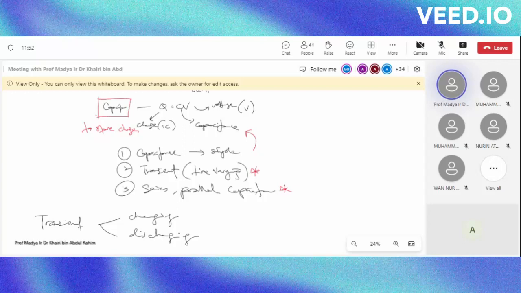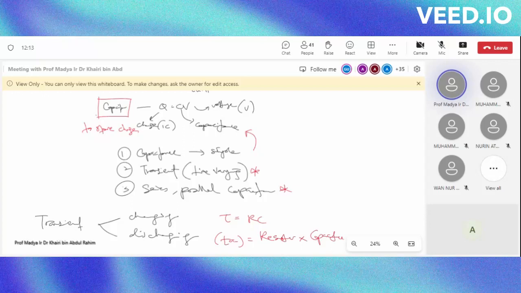One important formula or equation that you have to know is tau equals resistance times capacitance.